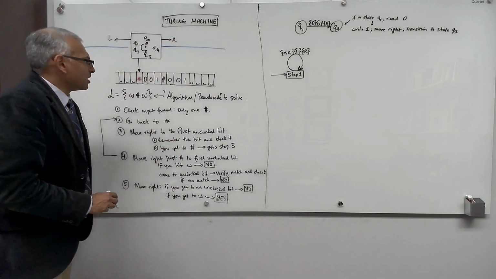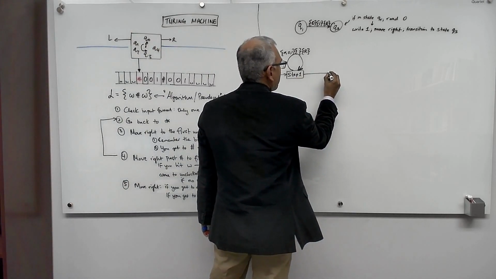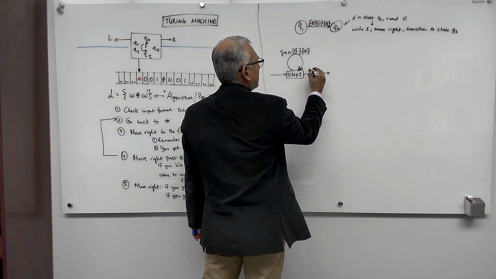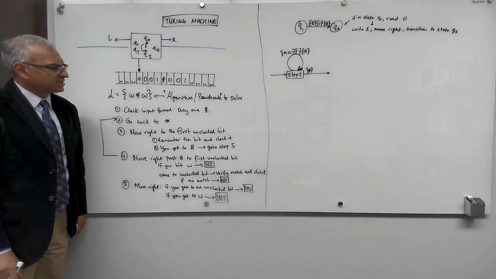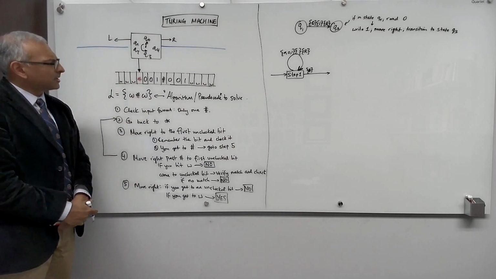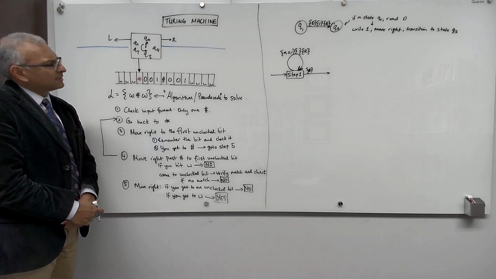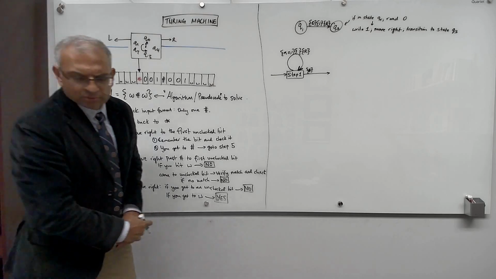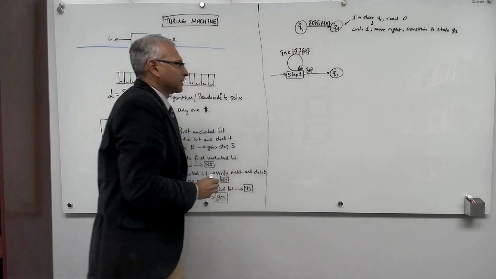Now, what else might you read? You might read pound, in which case you change states and remember the fact that you've seen a pound. Let's call that state Q1.